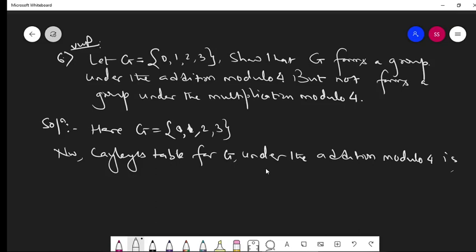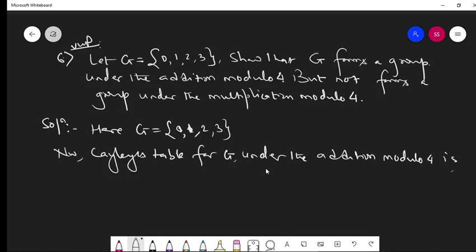Now 0 plus 0 is 0, 1, 2, 3. 1 plus 0 is 1, 1 plus 1 is 2, and 1 plus 3 is 4, therefore 4 is 0, the remainder when divided by 4. 2 plus 0 is 2, 2 plus 1 is 3, 2 plus 2 is 4, 4 is 0, 2 plus 3 is 5, 5 is 1. 3 plus 0 is 3, 3 plus 1 is 4, 4 is 0, 3 plus 2 is 5, 5 is 1, 3 plus 3 is 6, 6 is 2.